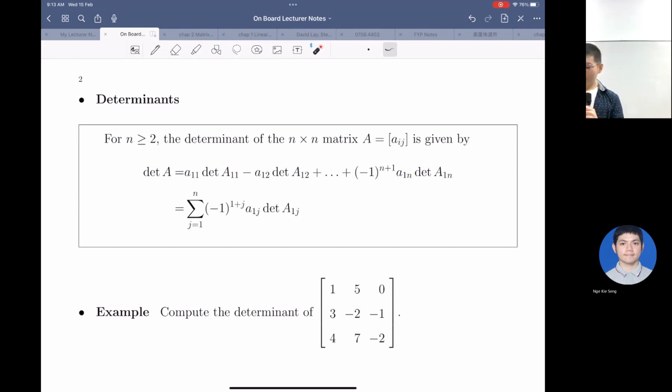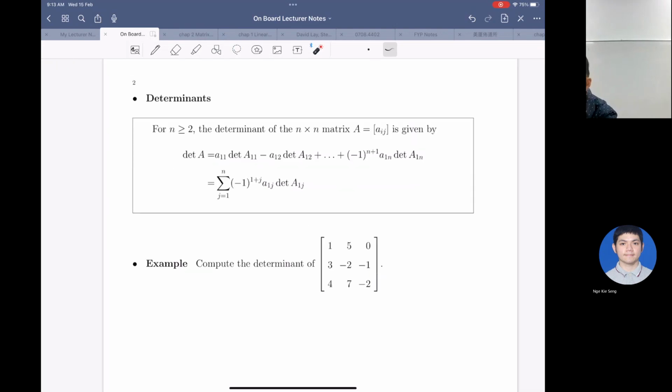Is anyone seeing this theorem for the first time? Can I see how many of you are seeing this definition for the first time? Okay, most of you. Never mind.